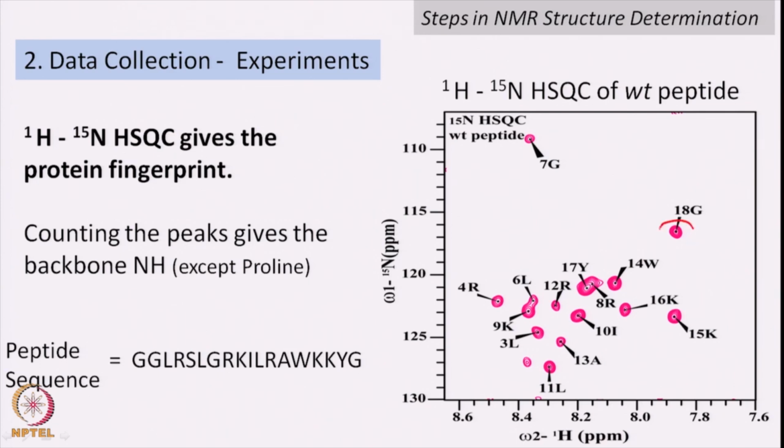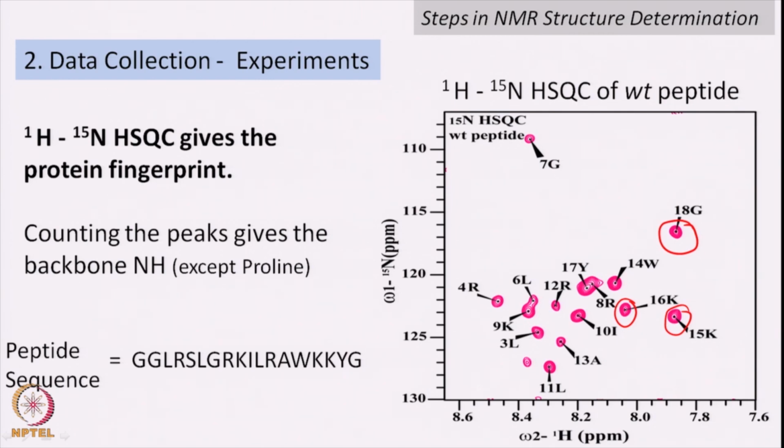This means glycine number 18, this means lysine number 15, lysine number 16. I do not know a priori when I record this spectrum what this is. After the resonance assignment I was able to pinpoint this, but you get as many peaks as the number of amino acids you have in your peptide or protein sequence.